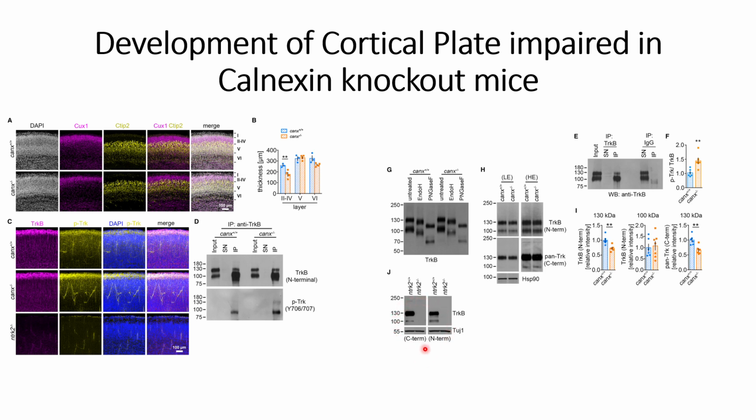Next, they also check whether the signals are positive only for TRKB or also for TRKA and TRKC, and when they knock out NTRK2, they cannot see the signals for TRKB.